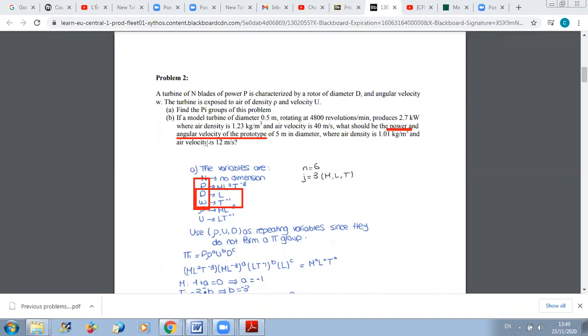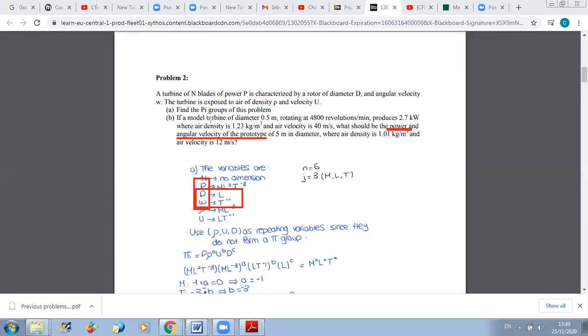This is a general technique, because if I do an experiment, my final purpose is to measure the power and the angular velocity. That's why in this case, I will put them as outputs, not as inputs. The independent variables in general, we choose them as parameters to vary in the experiment. So rho, U, D, I can vary them, and my output will be power and angular velocity.